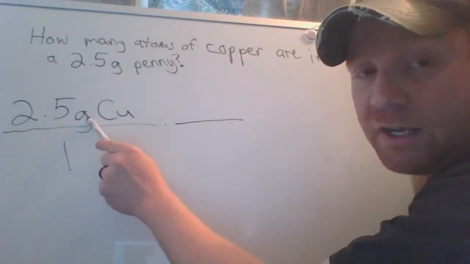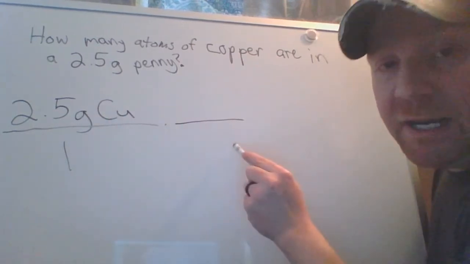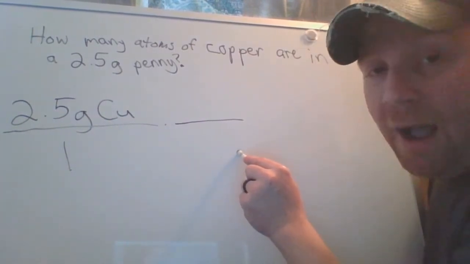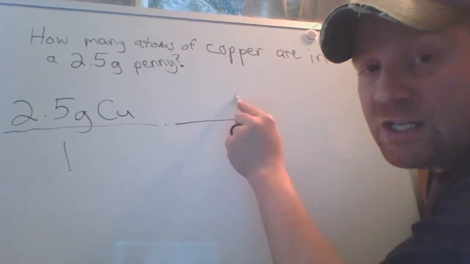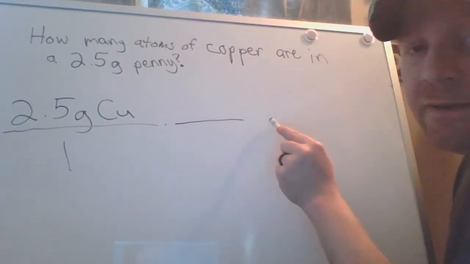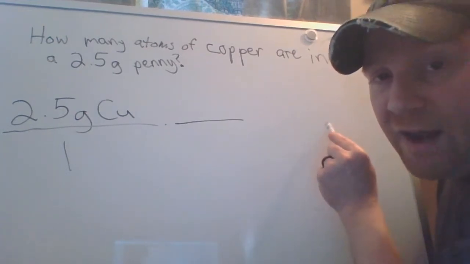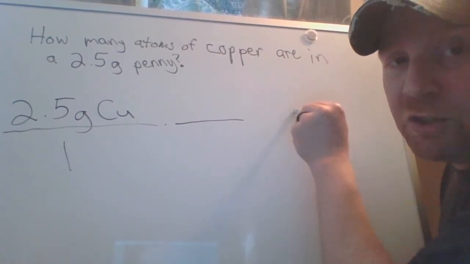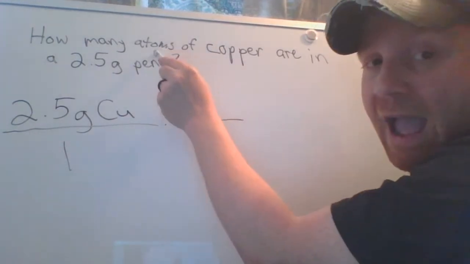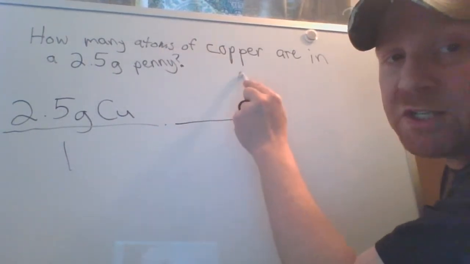We're starting in grams of copper. I'm going to cancel out grams. I'm going to use the molar mass and go from grams into moles. And then on a separate fraction that I haven't drawn yet, we're going to convert from moles directly to, in this case, atoms, because we're dealing with a single element.